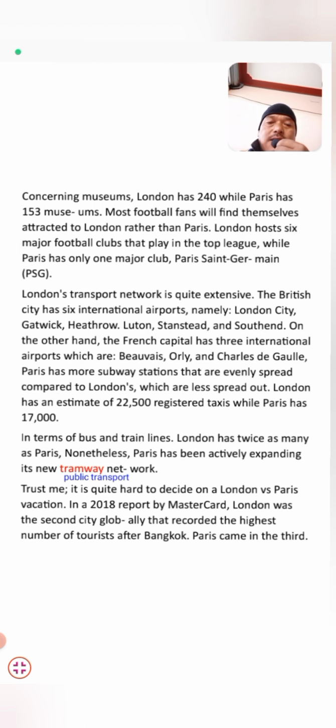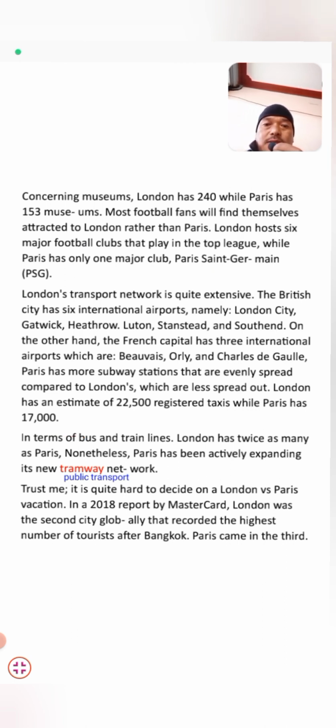London has an estimated 22,500 registered taxis, while Paris has 70,000 taxis.